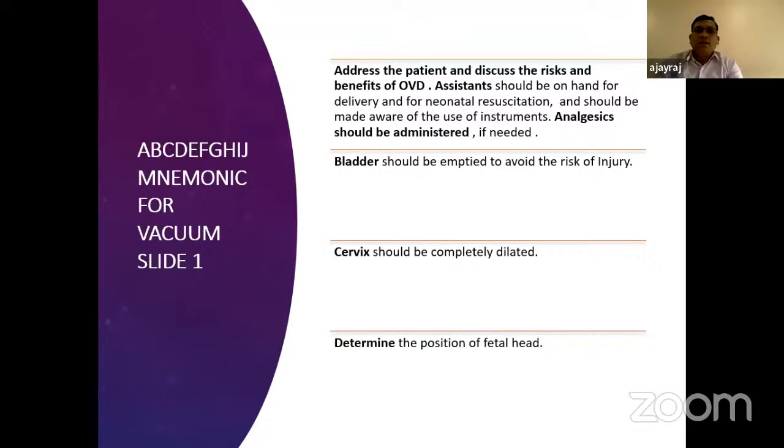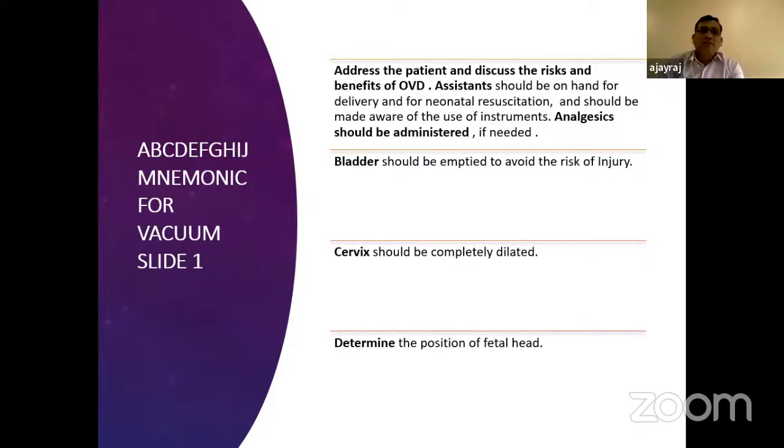An assistant should be on hand for delivery and for neonatal resuscitation, and should be made aware of the use of the instruments, how they are used, and what is to be done, because they are used to having normal deliveries and cesarean sections and all other procedures. But where there is a game of life and death, that is operative vaginal delivery, the operator should be courageous and the staff should have knowledge and also be confident.